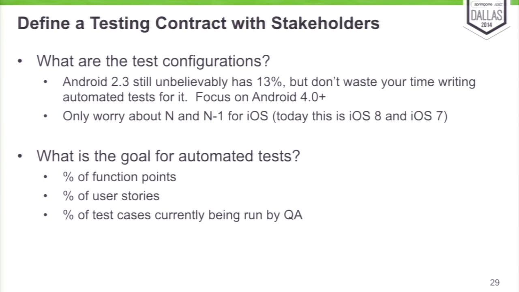Okay. As part of a testing contract, the other lesson learned is I would define what the goal is for automated testing. Because the term automated testing, not just mobile, just automated testing in general, is like a buzzword in the QA community. It's crazy, like Agile or DevOps.